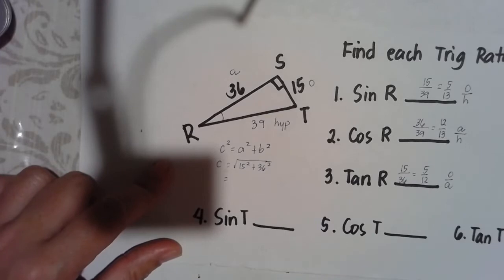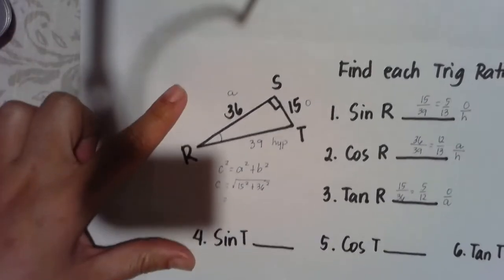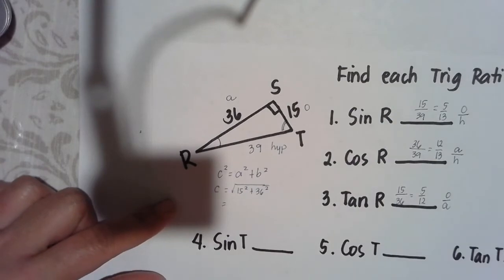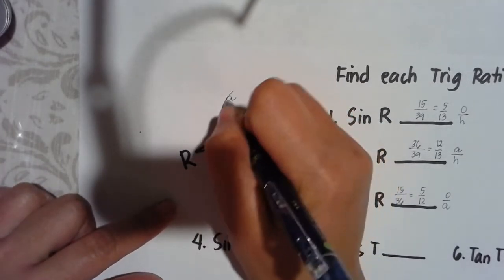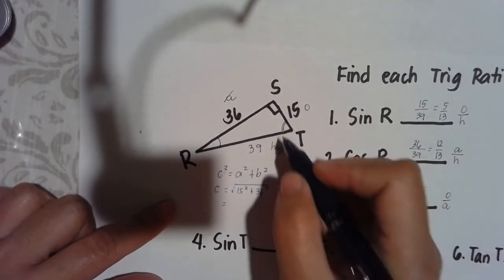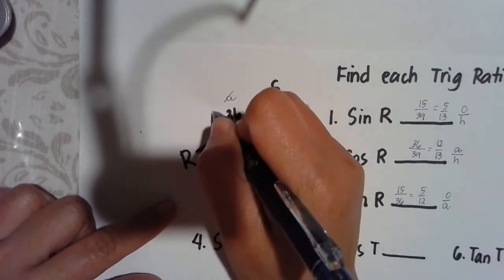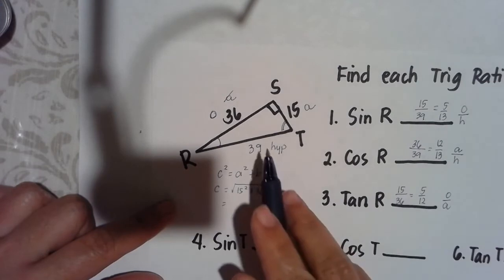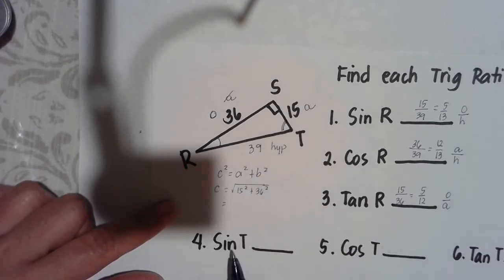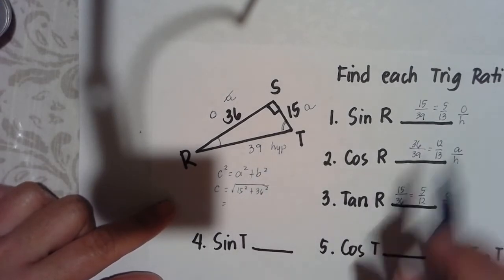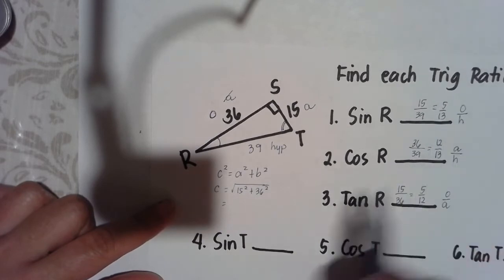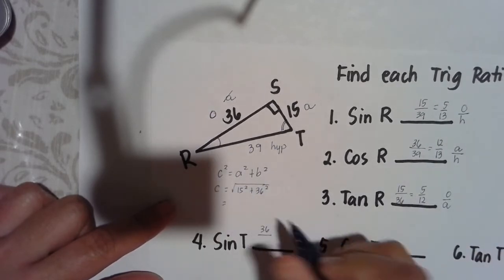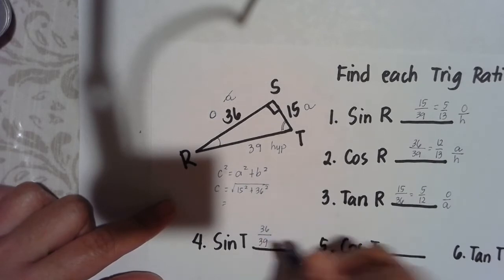So that's it. Next, for number 4. This time, your reference angle will be T. I will double this line for marking and scratch this one, because at this moment this will be your opposite and this will be your adjacent side. Still, this is your hypotenuse. So let's start. Sine t is opposite over hypotenuse, so that gives you 36 over the hypotenuse of 39.